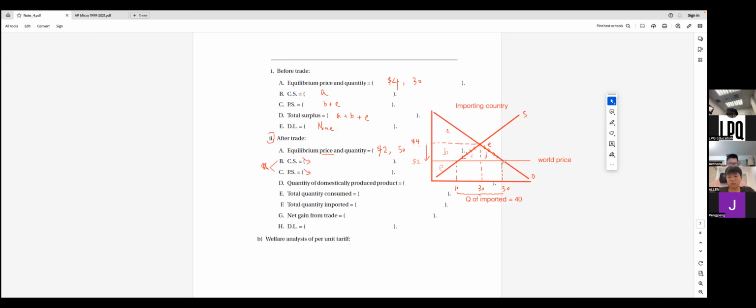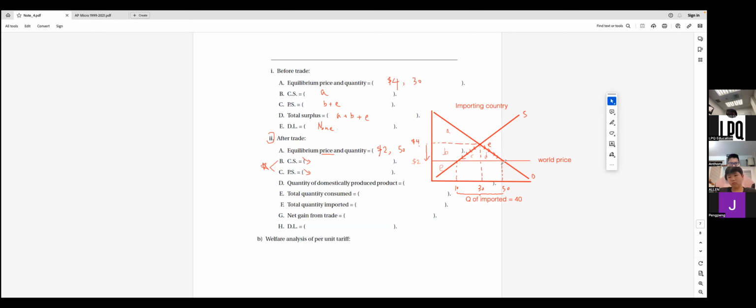So how do we define consumer surplus again? Consumer surplus is an area below the demand curve, above the market price line. Market price line now is $2, no longer $4. On the left-hand side of a quantity, how many units do the consumers buy? 50. So where is the consumer surplus?